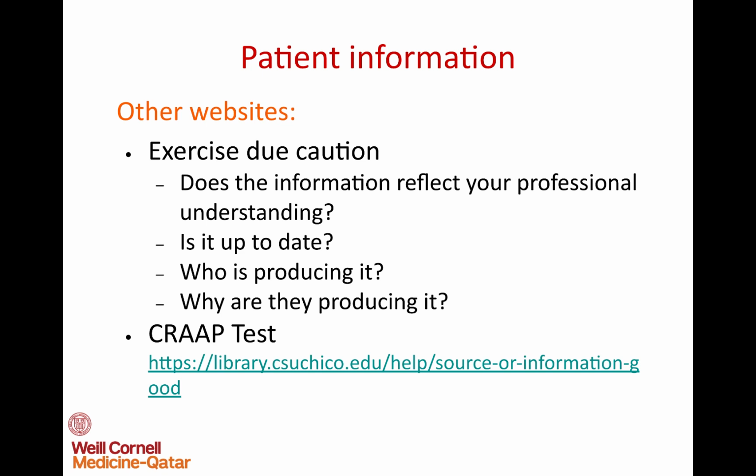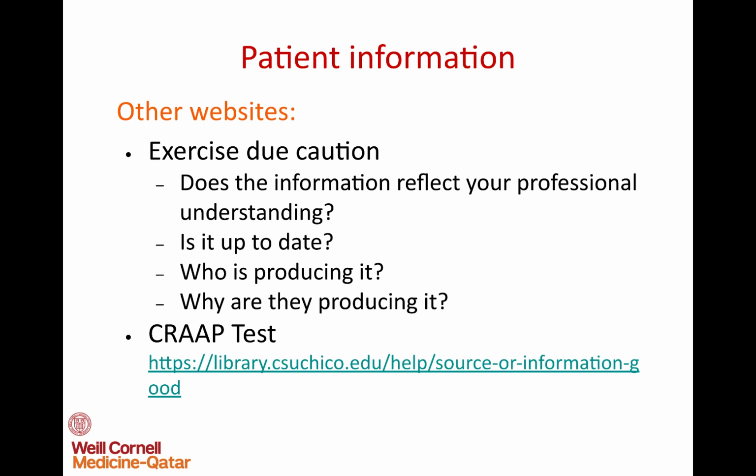Is the information up to date? Who's producing it and why are they producing it? A surprising number of medical information sites are in fact pushing some kind of agenda. It may be to sell something, and maybe there is a political agenda. It's surprising how common this is. So understand who is producing it and why.